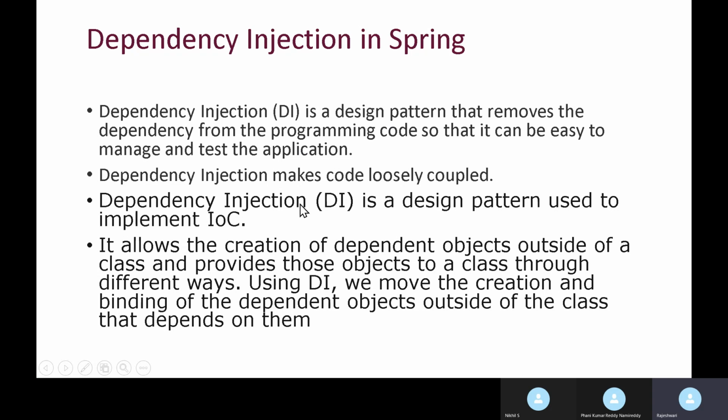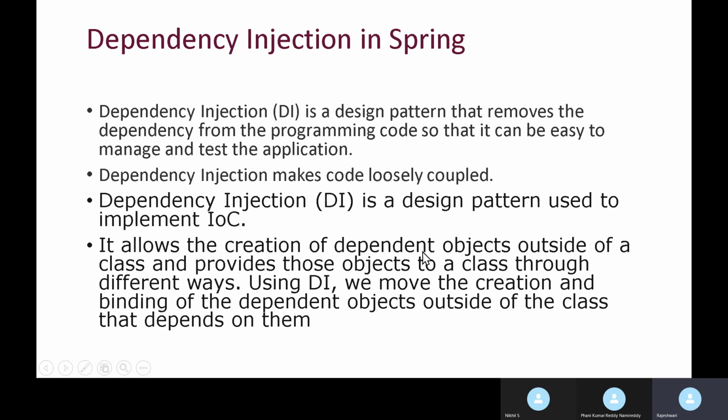And this is a design pattern used to implement IOC. How can you use IOC by implementing dependency injection? Because in IOC we use dependency injection, we do the setting of the property, we do the constructor injection, right? So the IOC is implemented by dependency injection.